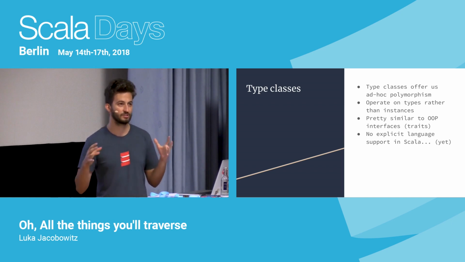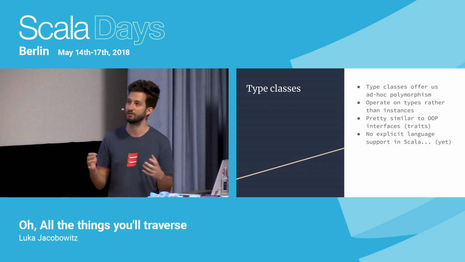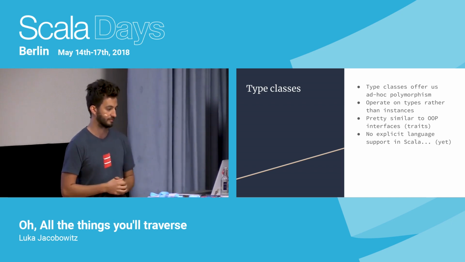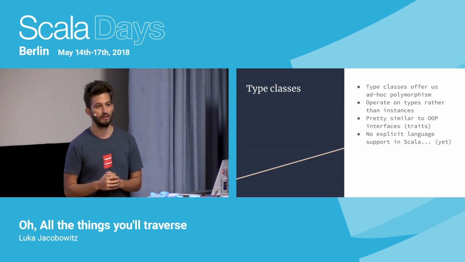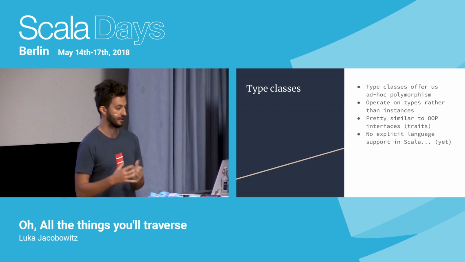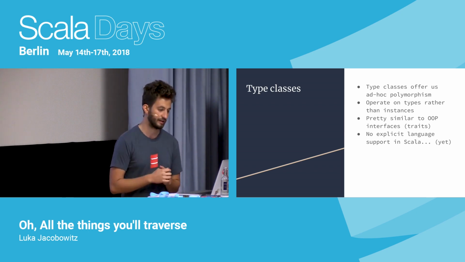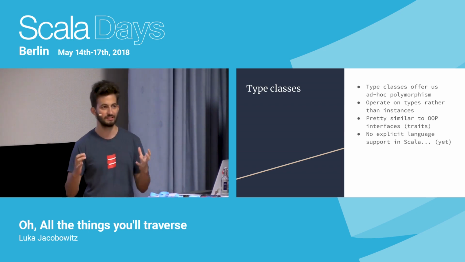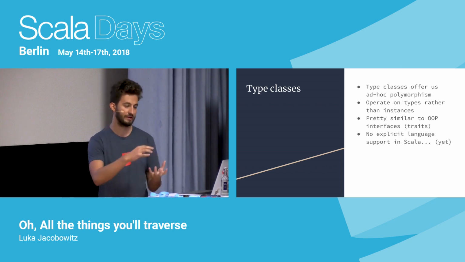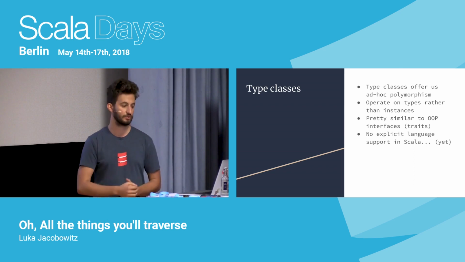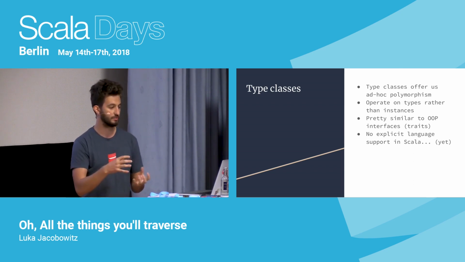Type classes give us ad hoc polymorphism. It's a different kind of polymorphism from what a lot of us know as subtype polymorphism using inheritance. Type classes don't work on actual values or on instances of classes, but on types themselves.